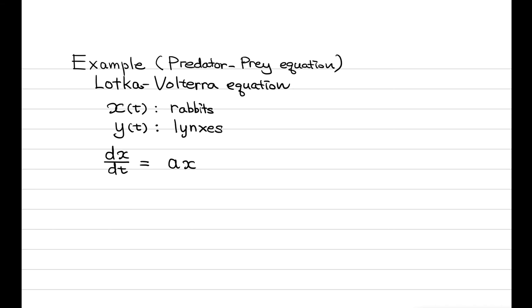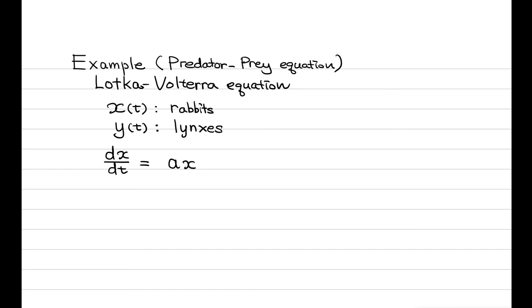It's natural to assume that the increasing rate of the population is proportional to the population itself, as usually population grows geometrically. But if there's a predator, then the increasing rate can be smaller.